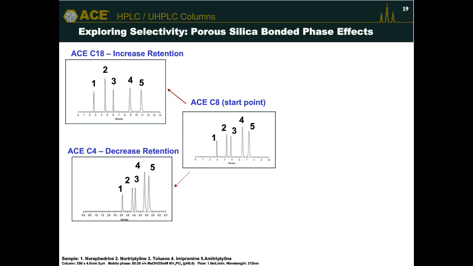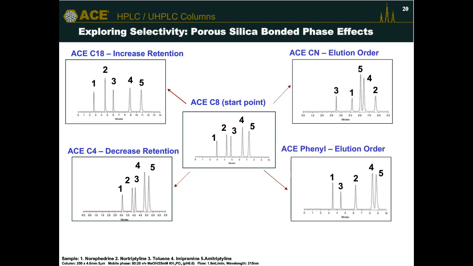So as I mentioned, when you change the length of the alkyl chain on a stationary phase, you change the retention time. You don't really change the selectivity to a massive degree. You don't have a different mechanism there. It's just hydrophobicity. But if you go to something with a different type of bonded phase, so for example, a cyano phase in this case, or a phenyl, you've got different interactions.